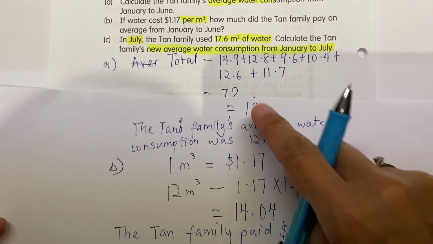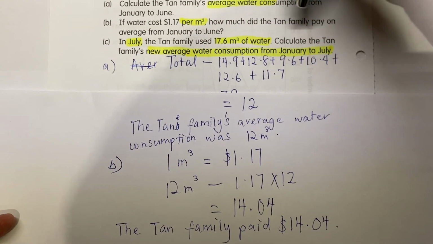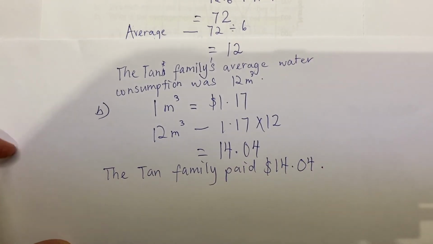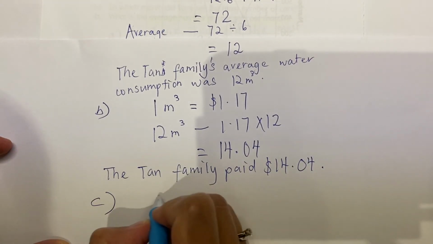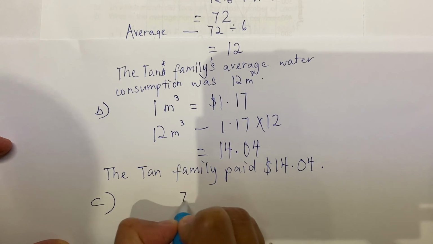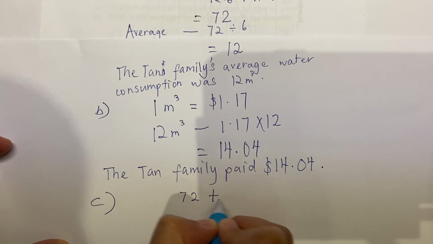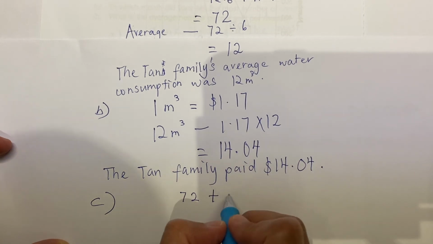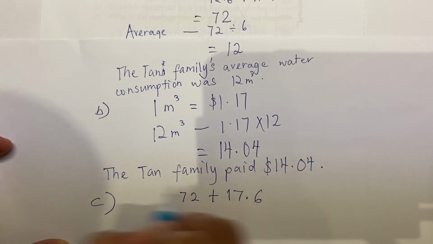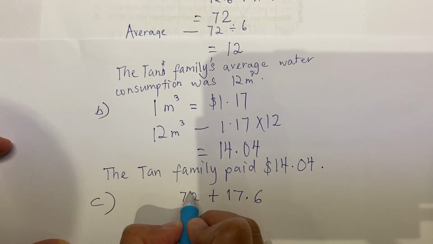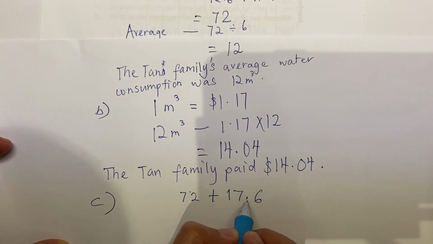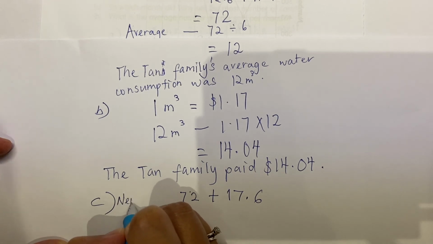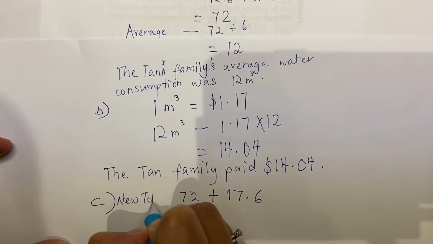So you don't have to find the total all over. You just take the 72 plus your new July consumption, 17.6. This is the total of the 6 months, and this is July. So this is your new total.